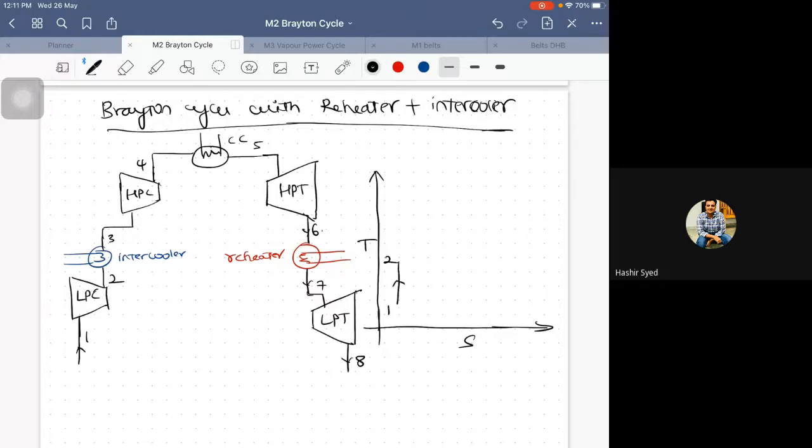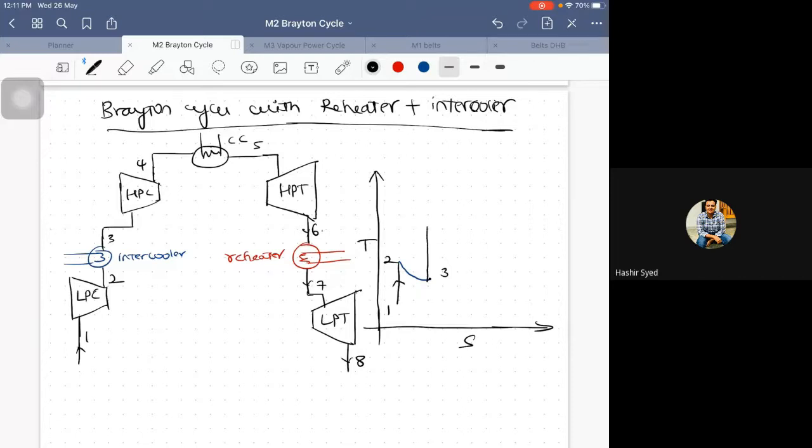From here, you are cooling. That means you are decreasing the temperature, heat exchanging. So it is a curve, a sloped line like this. I would just change the color. So from here, it goes up to state 3. Again, from here, what are you doing? You're compressing isentropically. So again, it is a straight line.